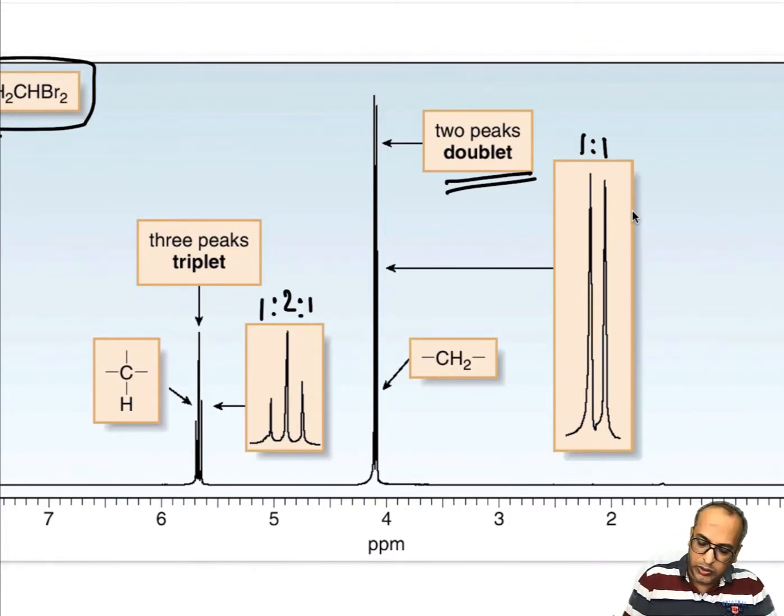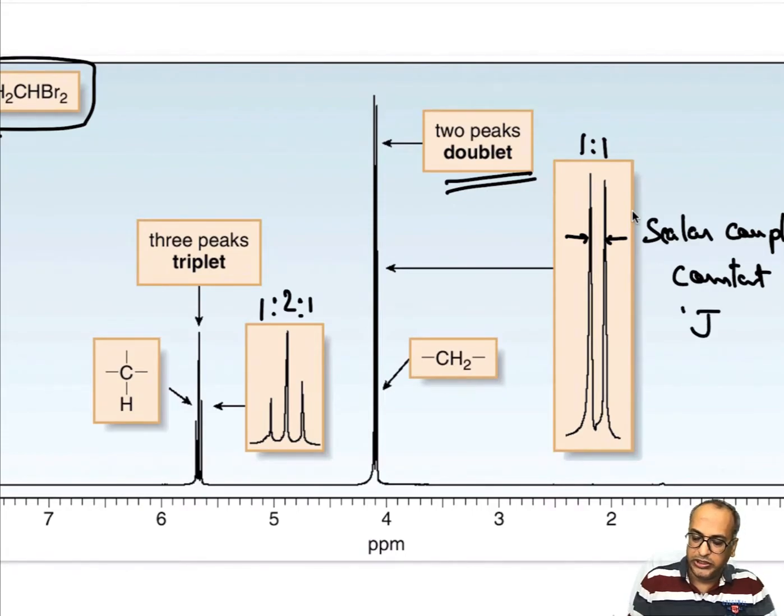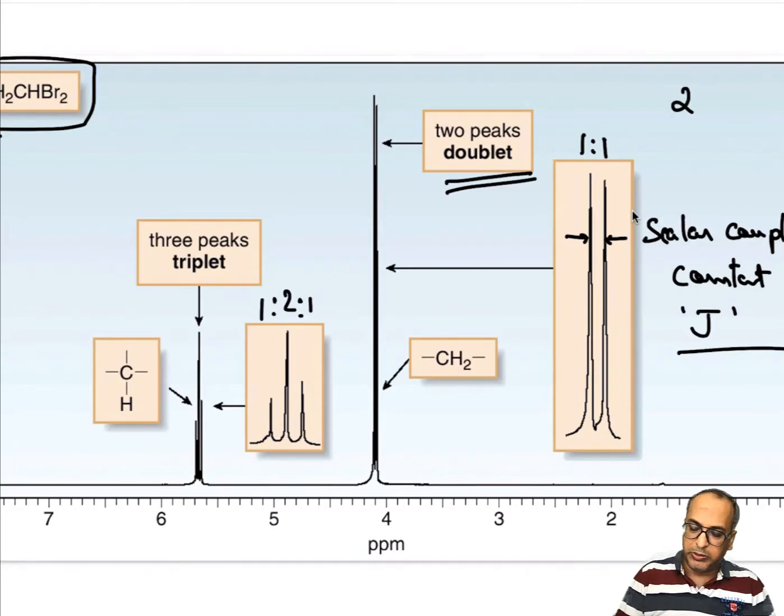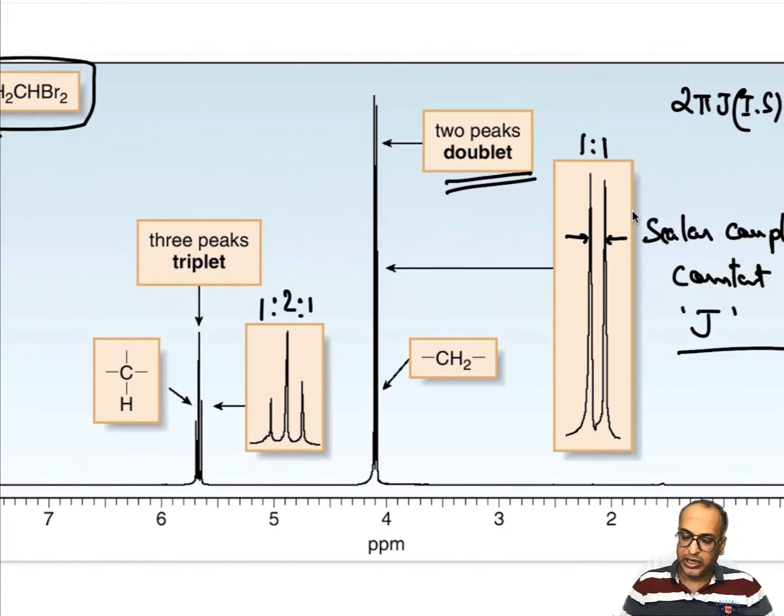And then you can also measure this distance, and this is nothing but the scalar coupling constant, which is represented using J, right? This we have seen when we applied the spin coupling Hamiltonian 2 pi J I dot S. This J term manifests as the scalar coupling constant, which is the distance between the fine lines, right?